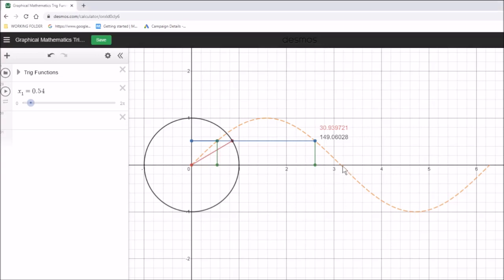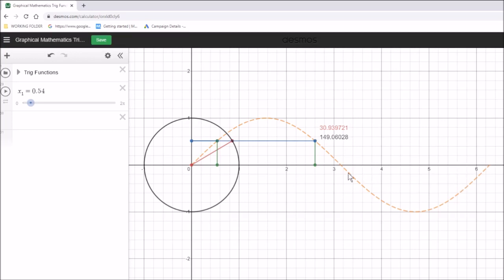So this means that, for example, if we were to look at the third and fourth quadrants, which is this quadrant and this quadrant here, the values are going to be negative for the sine. So if we were to take an angle of, say, 210 degrees, well, 210 degrees would be 30 more than 180, but this is going to be symmetrical, so it means it's going to be 30 degrees less than the 360.